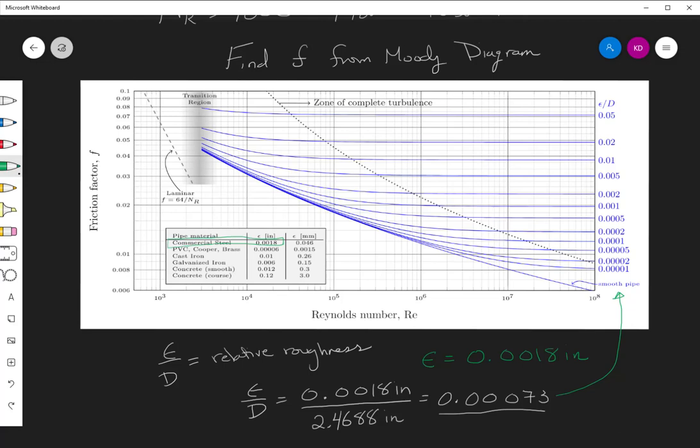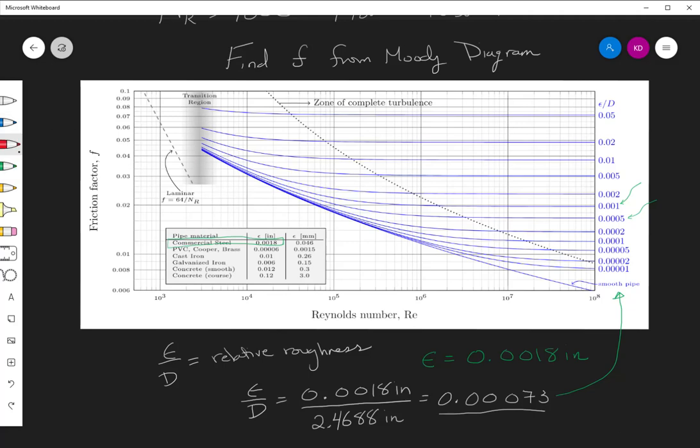There is a relative roughness of 0.001, this one here, that is above the roughness that we calculated. There's also one at 0.0005, which is slightly less than what we calculated. So we expect that the curve we would like to see would fall somewhere in between these two. And we'll use both of these curves to help us find the estimate of our friction factor.